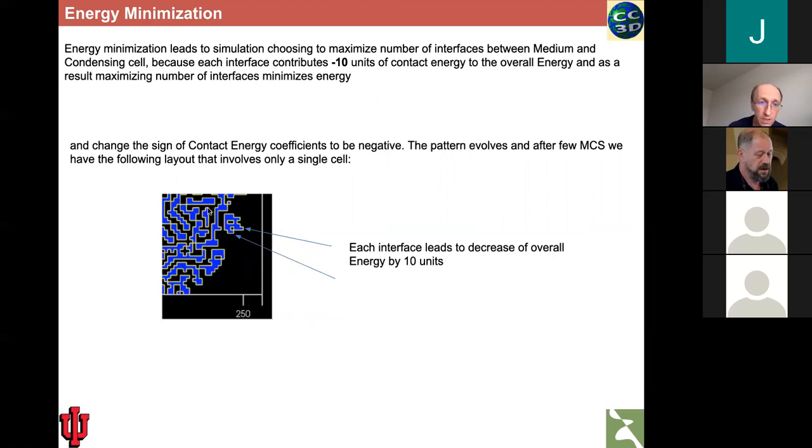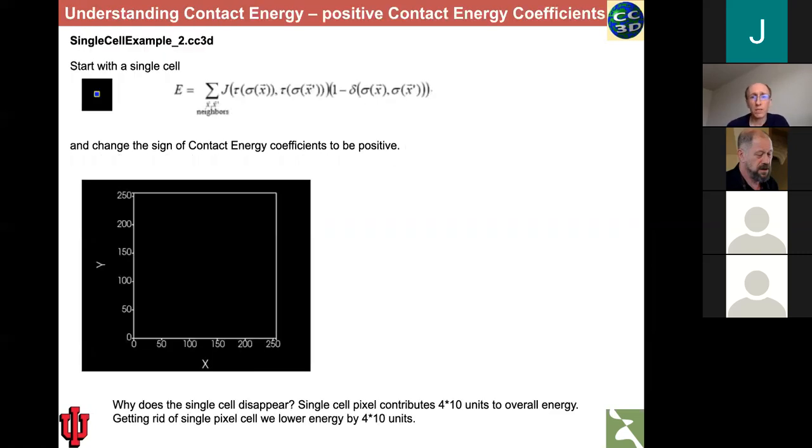And that's why you got this spaghetti or labyrinth pattern, right? Because each single interface contributes -10 units, so the more -10s you have, the lower your energy. That's why you observe this pattern. All right, so let's switch gears and go to the next exercise.